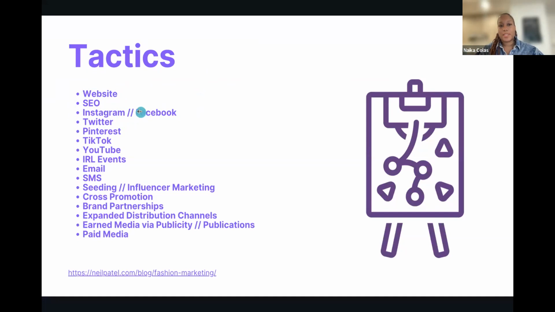You can say we don't use Facebook, but guess what? Facebook owns Instagram, so you're using both. So leverage both. If you use Instagram, have a Facebook page. If you'd like to use Twitter, I don't really use Twitter, but there are fashion brands that do. Jacquemus uses Twitter.